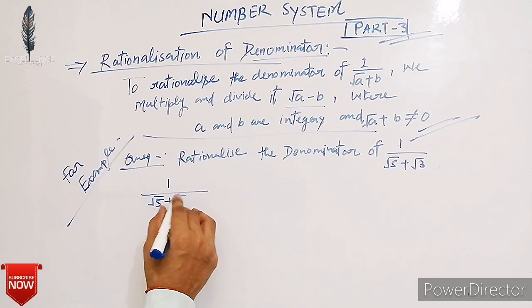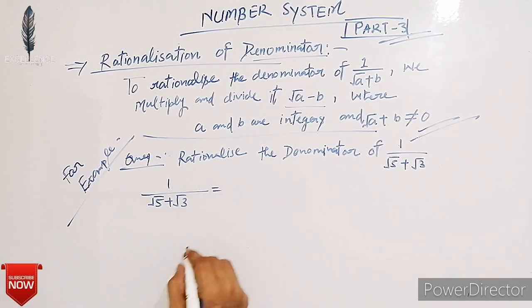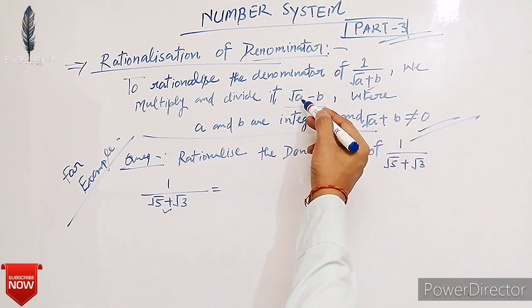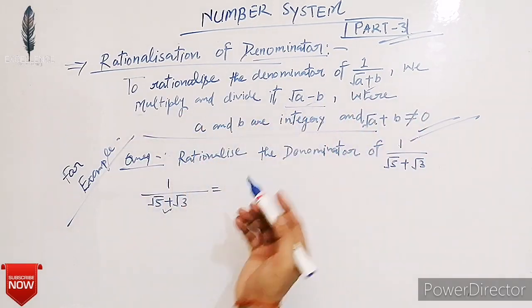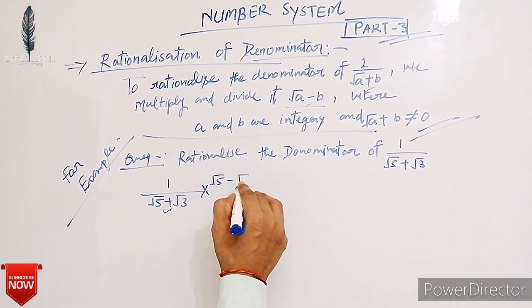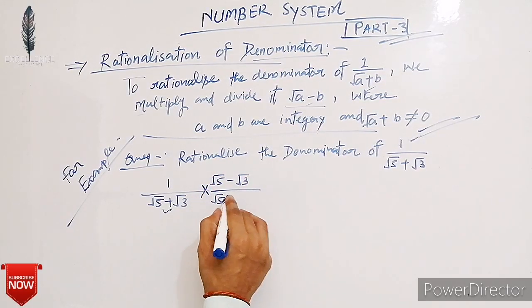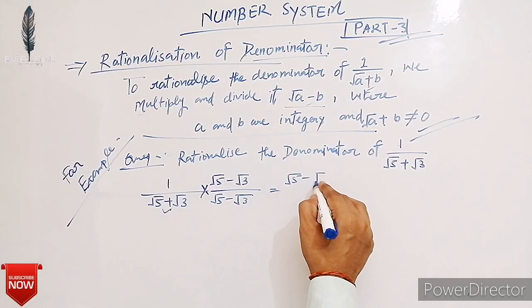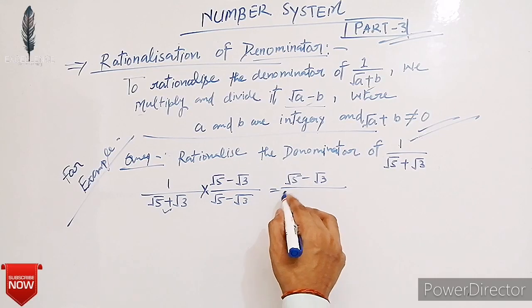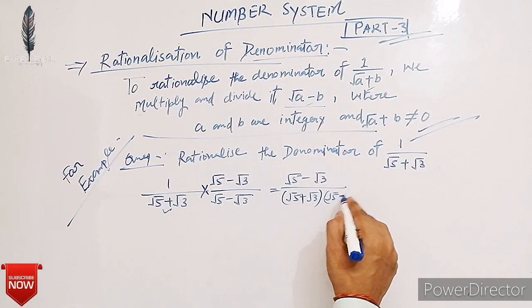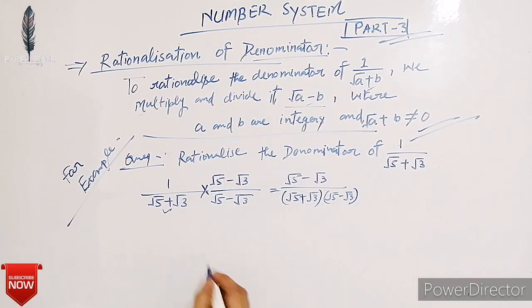If we have under root a plus b in the denominator, then we have to multiply and divide by under root a minus b in the given number. That's why here we have to multiply and divide by under root 5 minus under root 3 to this number for rationalizing. Okay students, so here under root 5 minus under root 3, and here under root 5 plus under root 3, under root 5 minus under root 3.